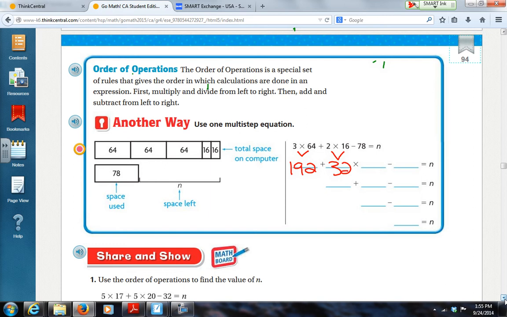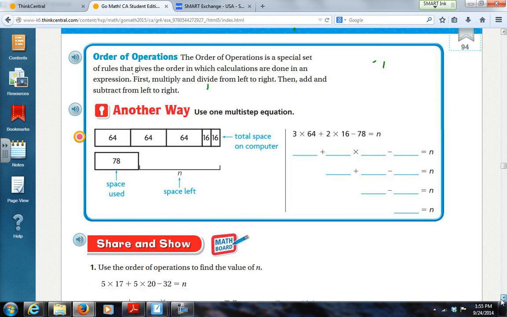Okay, now I need to add these. 192 plus 32 was 224. Okay, that's how I would have done it. So now you have all three ways on the video to go back and look at.